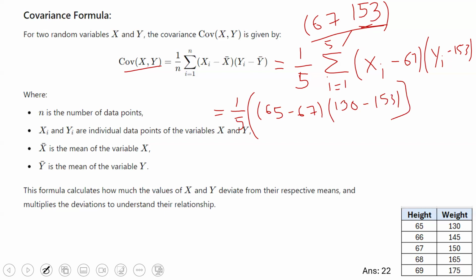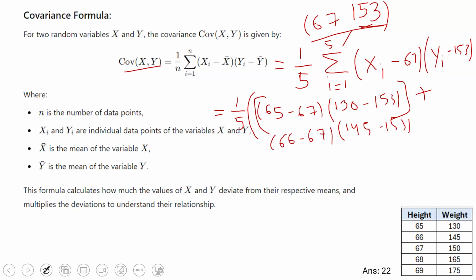And what comes next? What should I apply here, should I multiply or should I apply summation? Summation. Okay. Now what is the next point? 66 minus 67. What is the other point? 145. 145 minus 153.